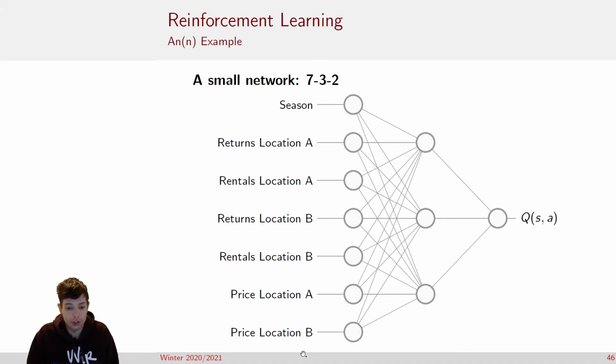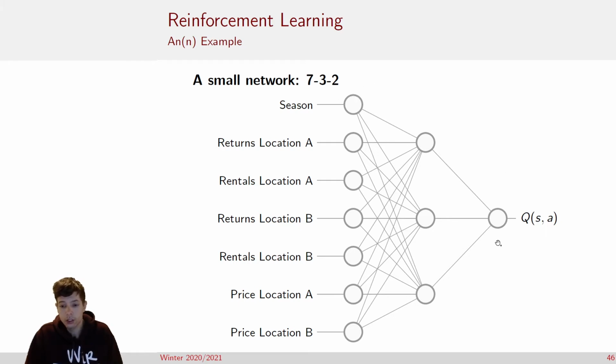Then these, of course, are all states that we might be interested in. And for example, the season might also indicate that in Christmas season there is, of course, a spike in rentals, and in summer season there's also a spike in rentals, whereas in September or October we won't see many rentals, so we won't have a very large value function there.